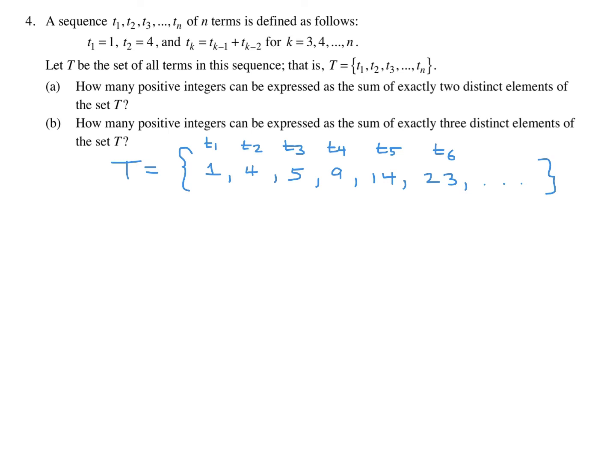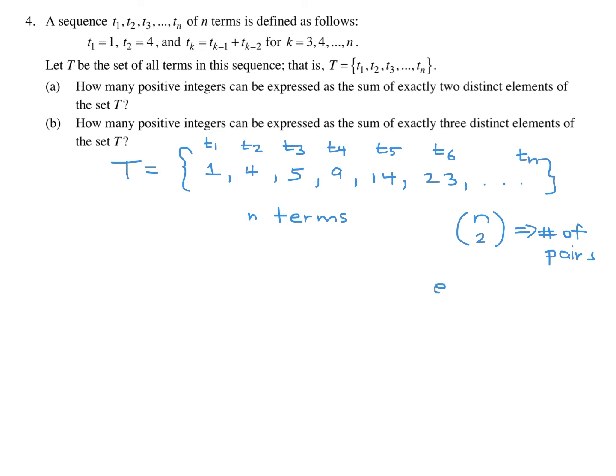Okay, well, that isn't that difficult, because think about it. How many terms are there in this whole set? Well, there's n terms. And to make a sum of 2 distinct elements, you have to choose 2, correct? So from n terms, you have to choose 2. So n choose 2 is the number of pairs, correct?